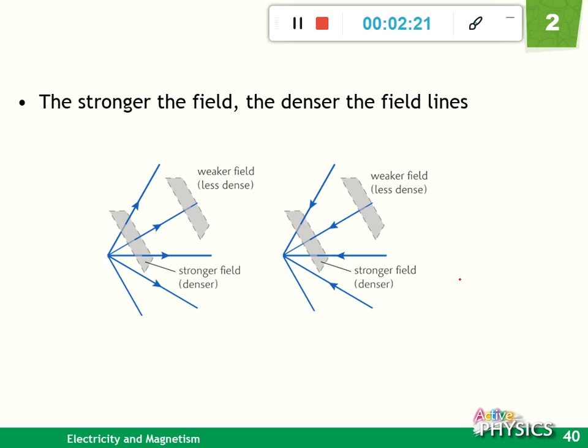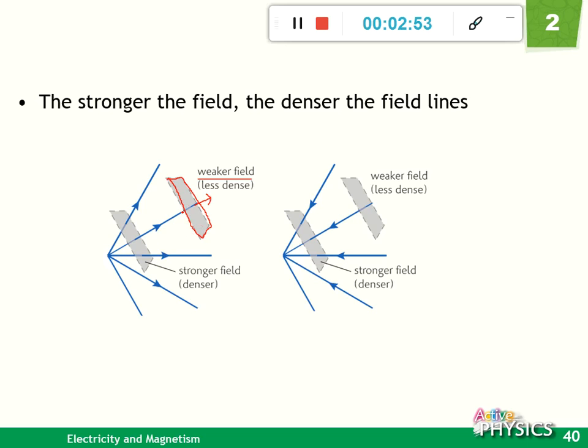And how do we know the strength of the field, a stronger field? You should look at this. The denser the field lines, the stronger the field. How to know that? Look at this. A weaker field. If you use the same area, which we usually call a unit area, find out how many field lines pass through it. For example, in this case, only one field line.